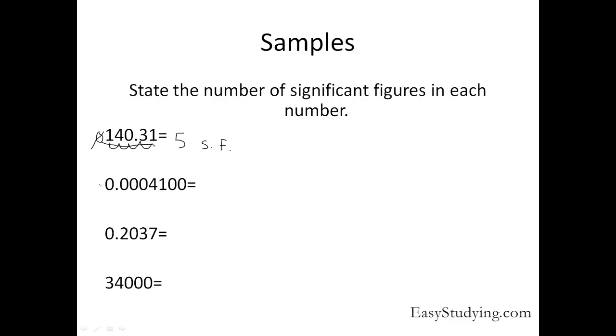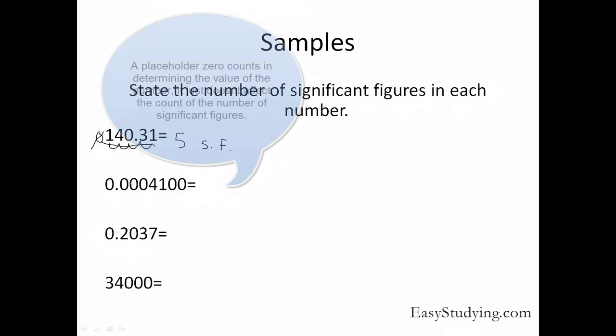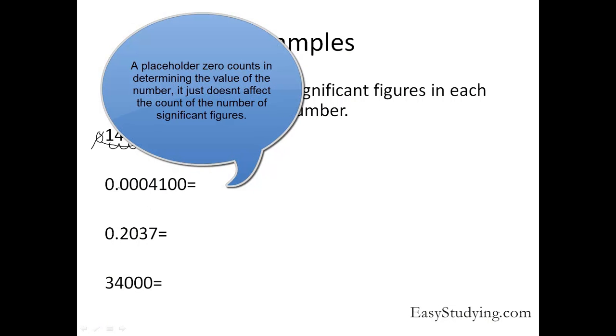In the next problem, we also have a decimal point, so we will start from the left side. However, we see all these zeros. These are all considered placeholder zeros. So, remember from the slide before, any placeholder zeros are irrelevant to the number of significant figures. So we will cancel out all these zeros. However, then we reach the first non-zero number, which is 4.